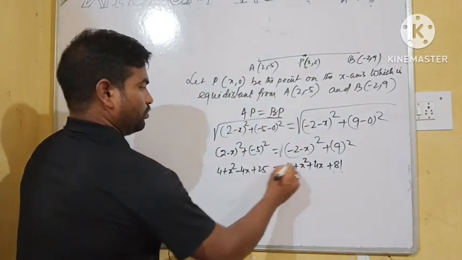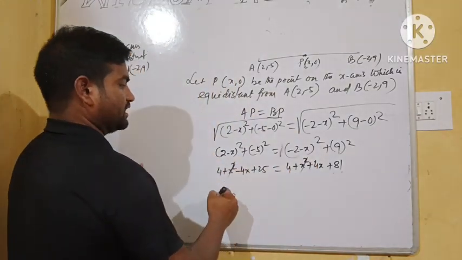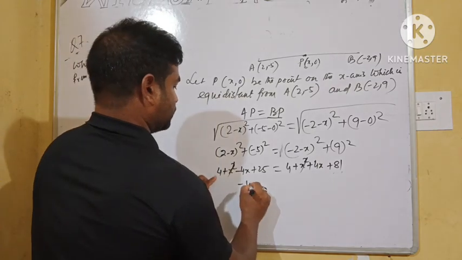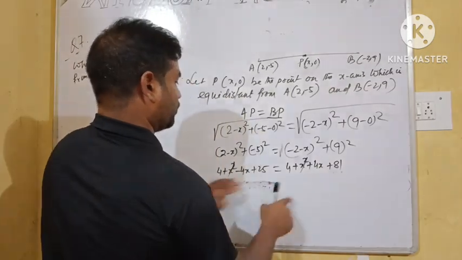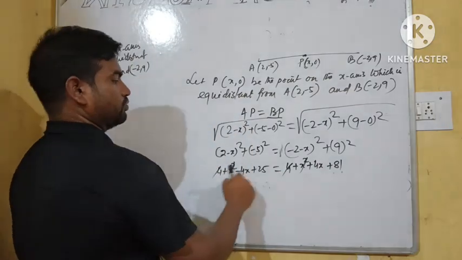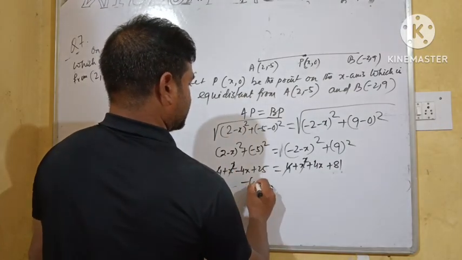Both sides x square is cancelled. So minus 4x plus 29. On both sides the 4 will also be cancelled.